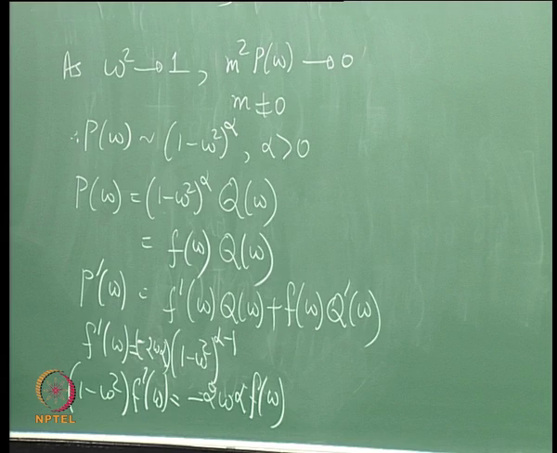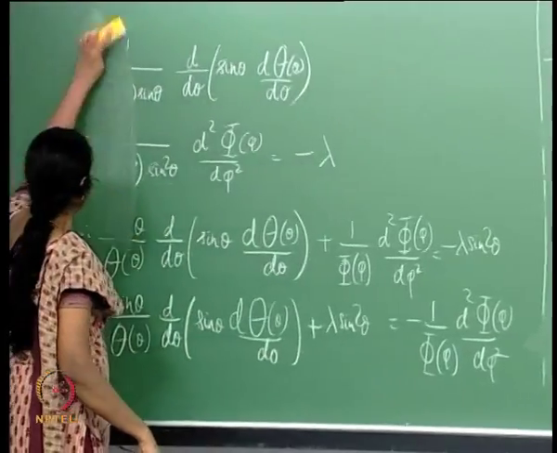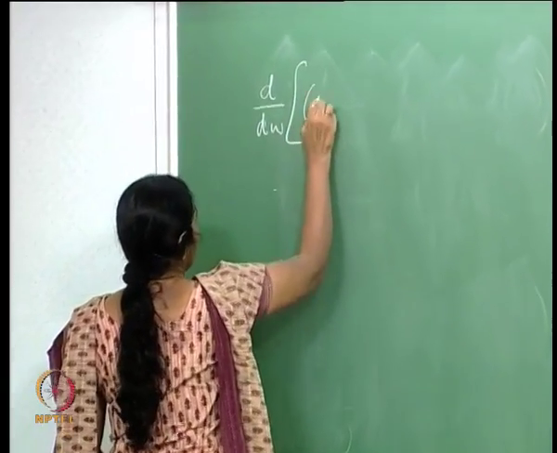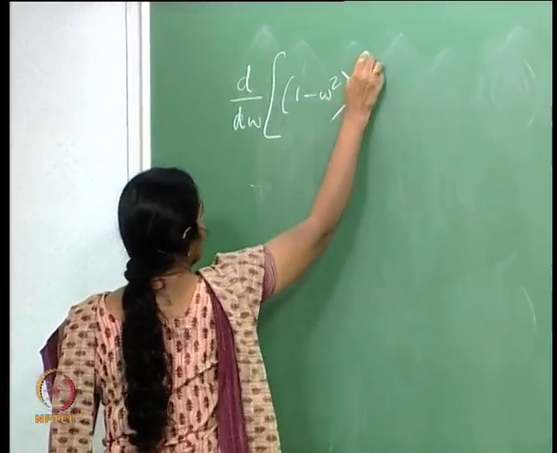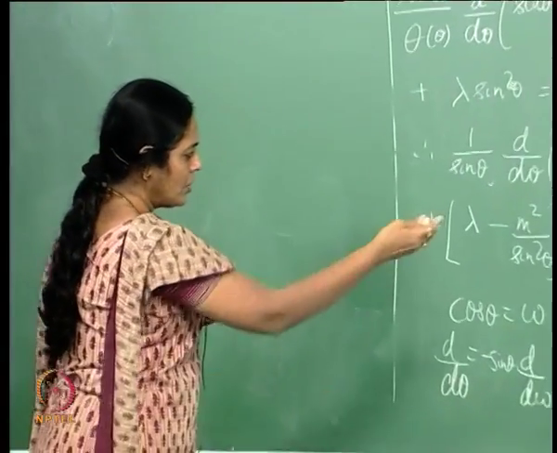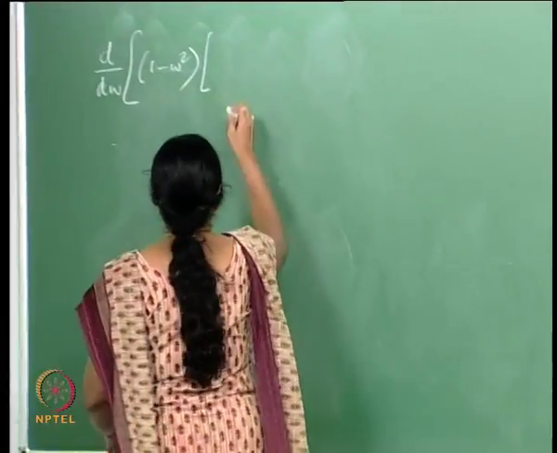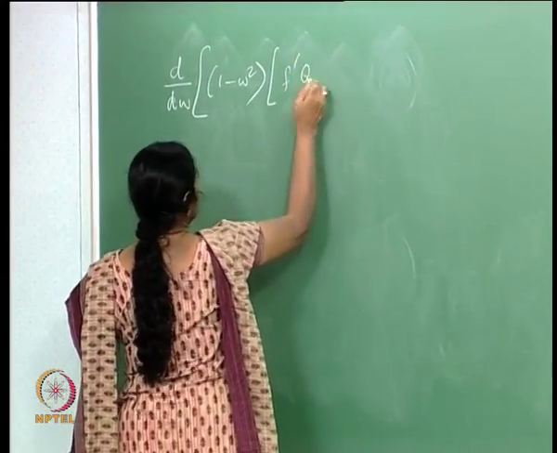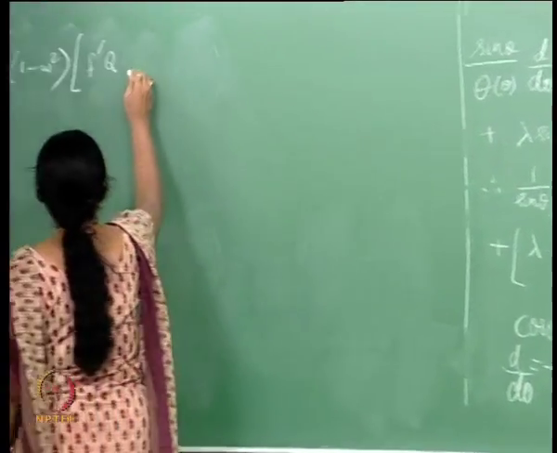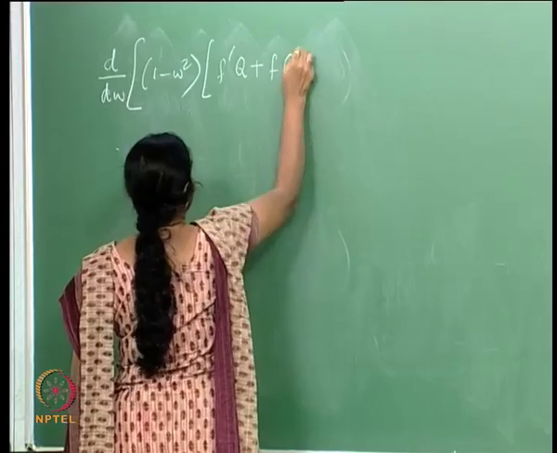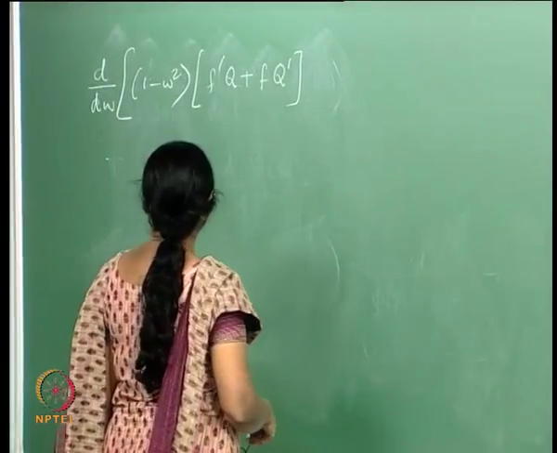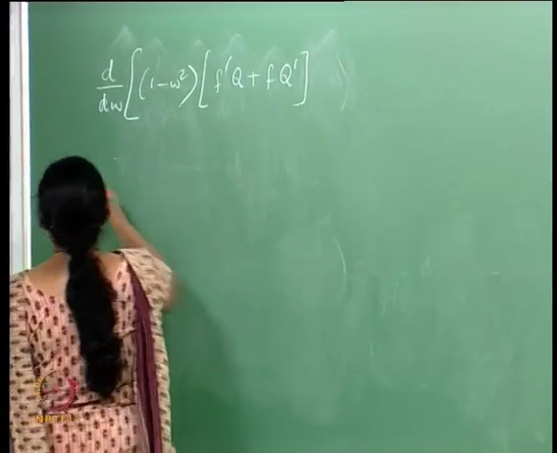Now I use all that and I get the following. I have d/dw of (1 − w²) p prime of w, which we have got there, f prime q, just dropping the arguments for the moment, plus f q prime. That's the first term. So let me consider that.